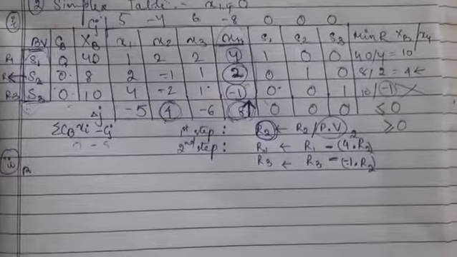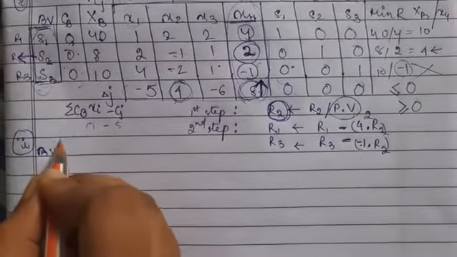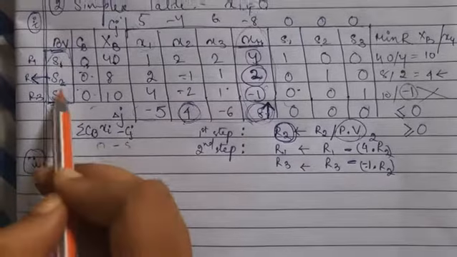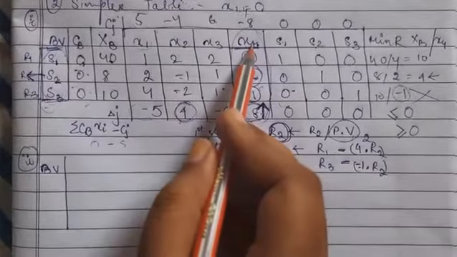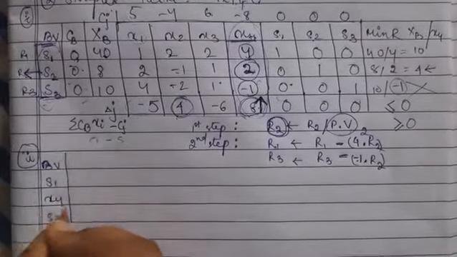Okay, so we will write the basic variables. S1 will remain the same, S3 will remain the same, only instead of S2 we are writing X4. So it is S1, S3 and X4.